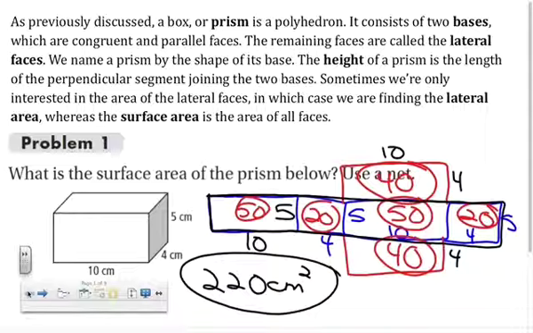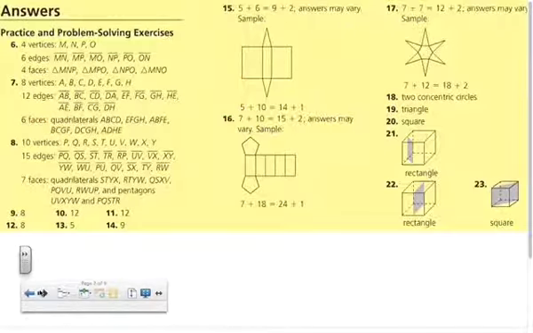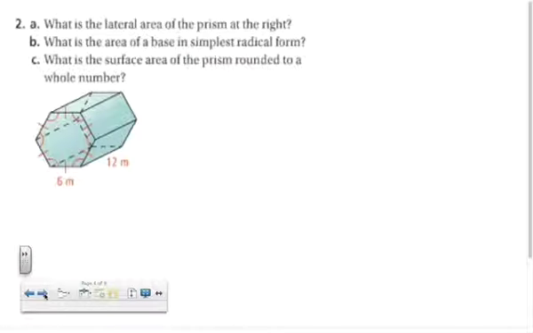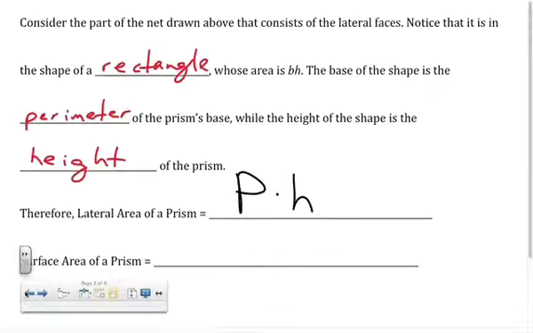Let's look at that black rectangle. So far, all I've found is the area of that black rectangle. There's something else. The two bases, right. And what do I know about the two bases? They're congruent. Okay? So our surface area is that P times H of the lateral area plus 2 times the area of the base.